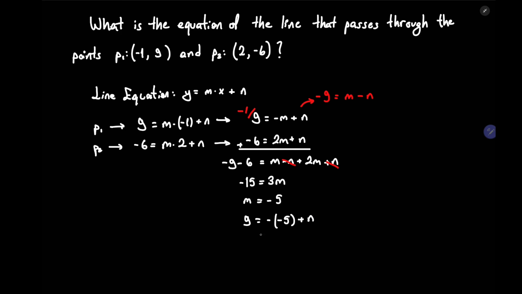So from here we have 9 = 5 + n. Therefore n = 4. So I get both values of m and n. Therefore, I get the equation of our line, which is y = -5x + 4.